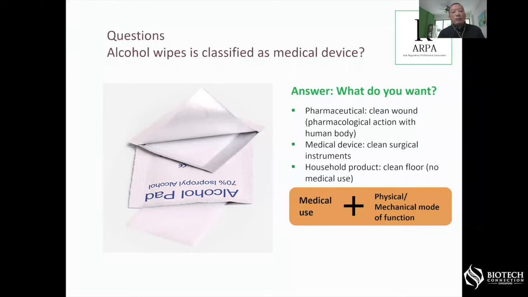Let them confirm what my product classification should be. You are giving them a difficult problem because you can actually classify anything, depending on your claims. So normally HSA or even many consultants will ask you, then show me your package insert. They will base it purely on your package insert, because you say you clean something, i.e. an instrument or the human body or whatever, and they base the decision on that.